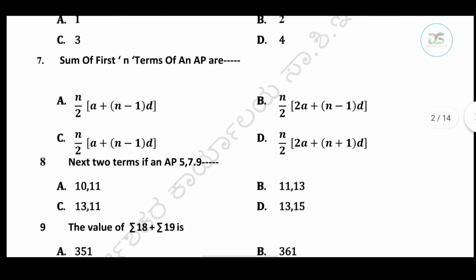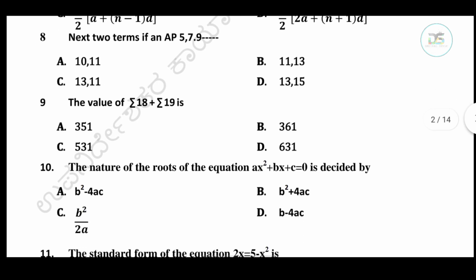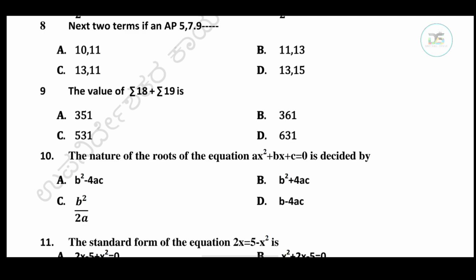Next question. Next two terms of an AP 5, 7 and 9 are. Options are 10, 11; 11, 13; 13, 11; 13, 15. Here the right answer is option B. Since common difference is 2 because a2 minus a1 is 7 minus 5, that is 2.